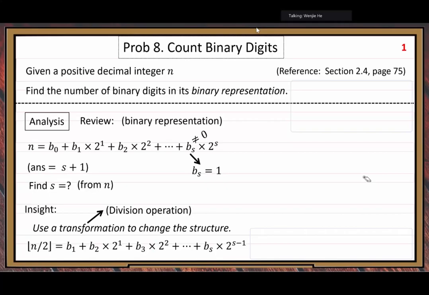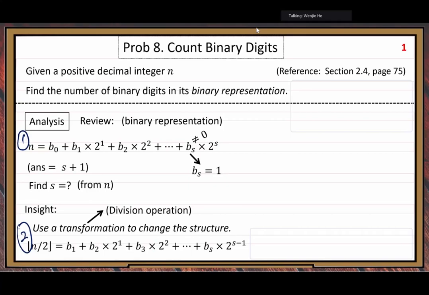After that, you have 2 different binary representations. Now you want to study these 2 representations and compare the difference.